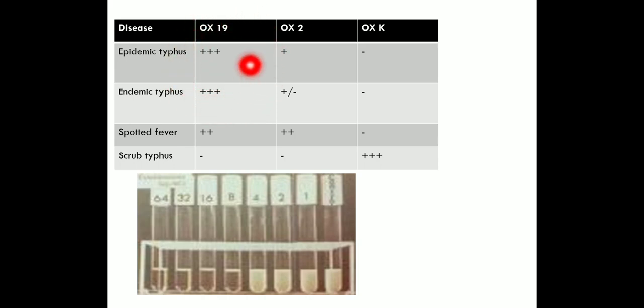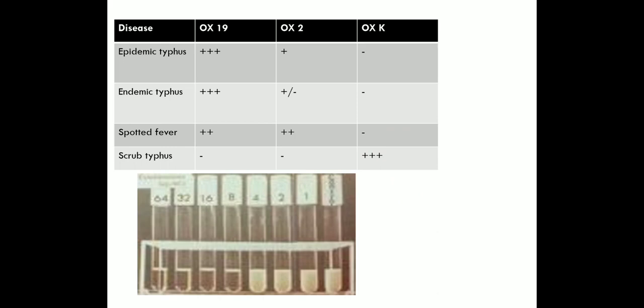So both in epidemic and endemic typhus, the agglutination is seen more with OX19, whereas in the tick-borne or spotted fever group, you will see antibodies present to both OX19 and OX2 sera. Scrub typhus is classical, where you will see the antibodies to OXK. The test is usually negative in rickettsial pox and ehrlichiosis.